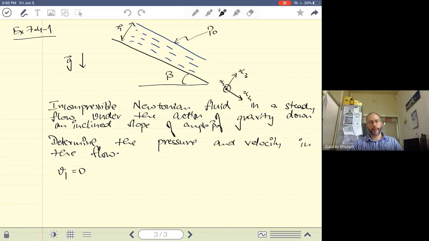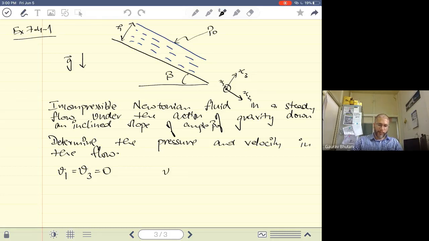If you have a fluid flowing down an incline like this, then you won't see the fluid moving outside the plane of this sheet, because it will tend to flow in the direction of x2 only. Again, you won't see fluid going up or down in this case as well. So from the symmetry and the physical situation that's given to us, we can easily see that v1 is equal to v3 is equal to 0. Okay, so what that means is that we only have a flow in the x2 direction.